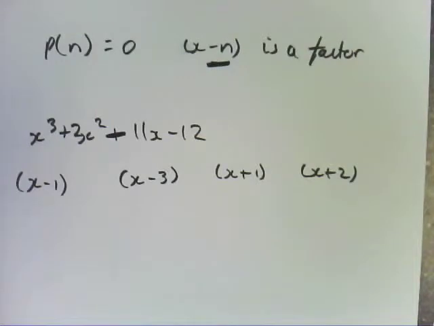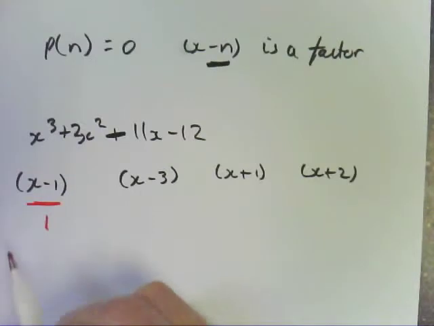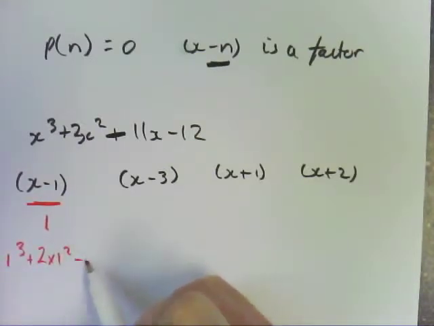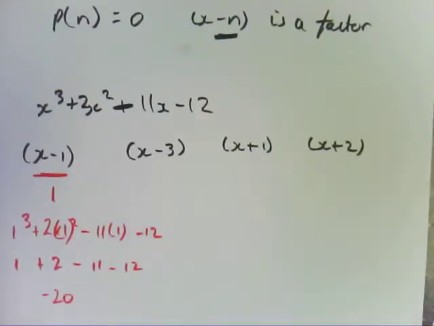Change the sign and substitute it in. So for this one, we're going to substitute in 1. So 1 cubed plus 2 times 1 squared minus 11, I should be using my brackets, sorry guys, minus 12 is 1 plus 2 minus 11 minus 12. 3 minus 11 is negative 8, negative 20 I think. So is it a factor? No.